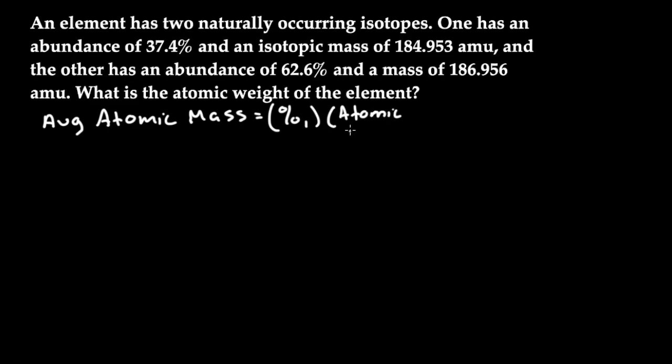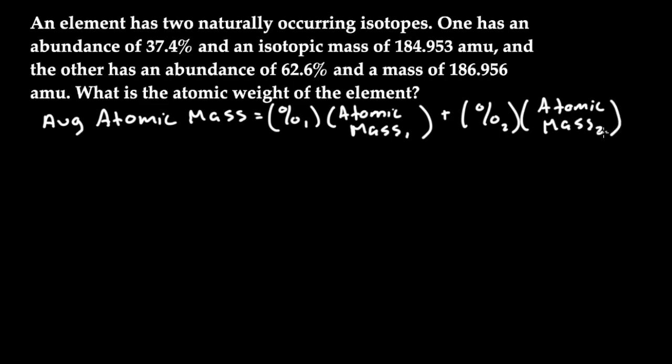Once you take the percentage times the atomic mass of that one, you're going to add it to the percentage of the second one times the atomic mass of this second one. We're going to stop here for this equation because we only have two naturally occurring isotopes. But if you had more, you would just keep on doing this, however many times for however many isotopes we have.